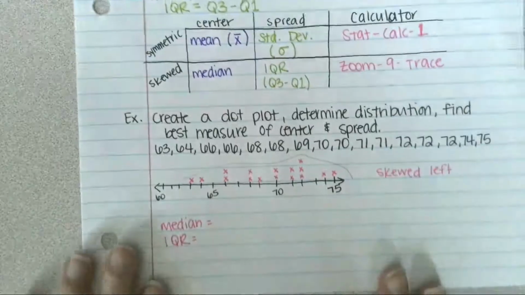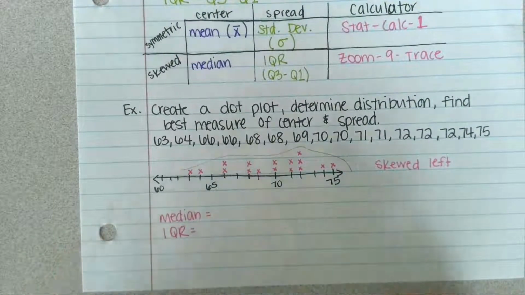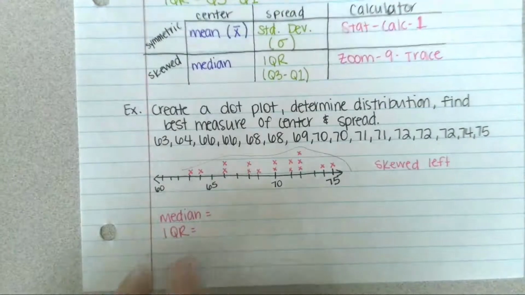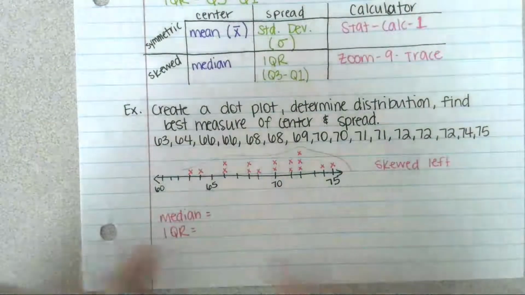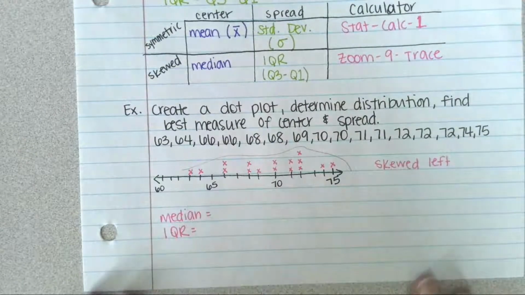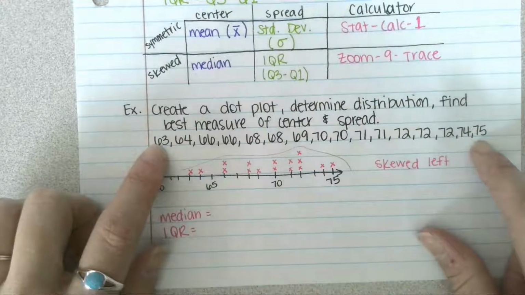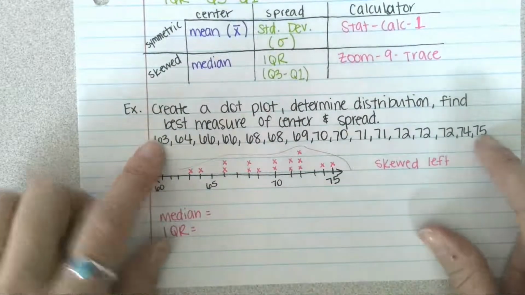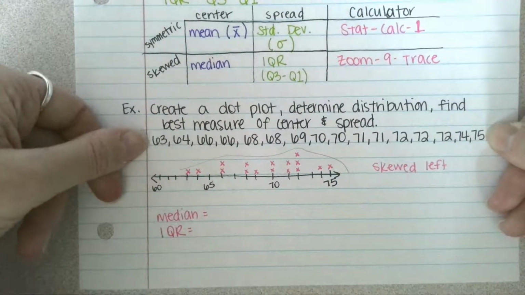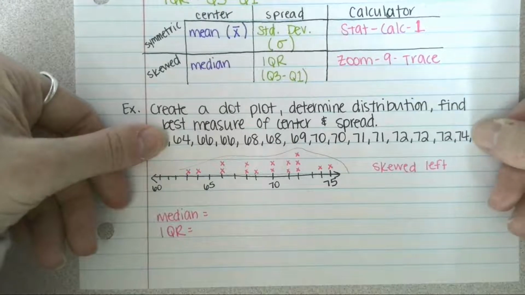Now, there are two different ways that we can move on from here. I'm going to show you how to find the median from a list of data right now, but then I'm also going to show you how to find these two values in the calculator. For median, I want to know which number falls in the exact middle of our list. Not the middle between 63 and 75, but the actual middle of our data. So I'm going to start with my fingers on either side of my list of data. I'm going to cover up 63 and 75 at the same time.